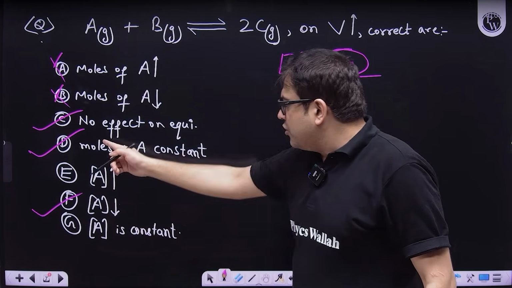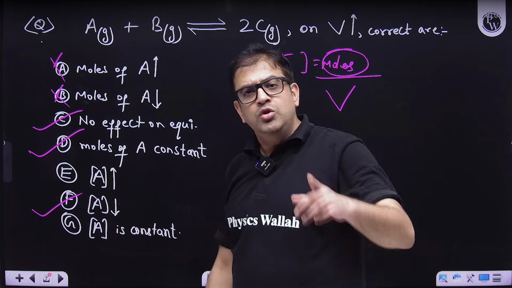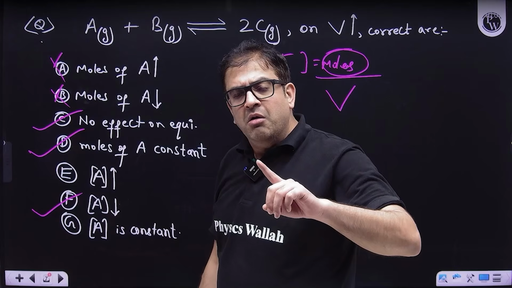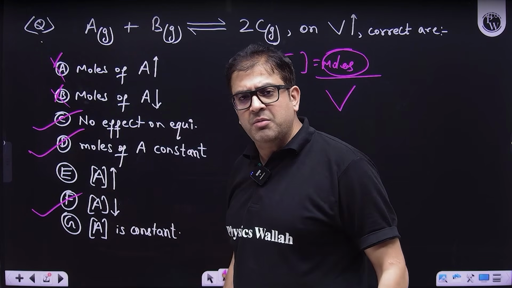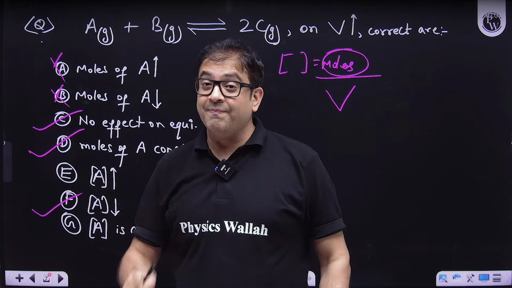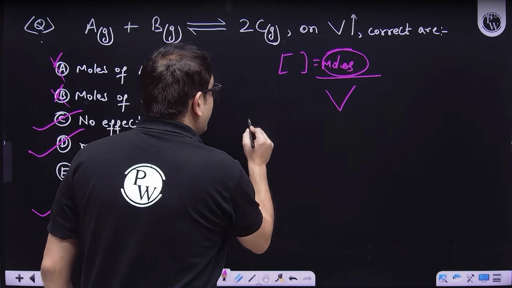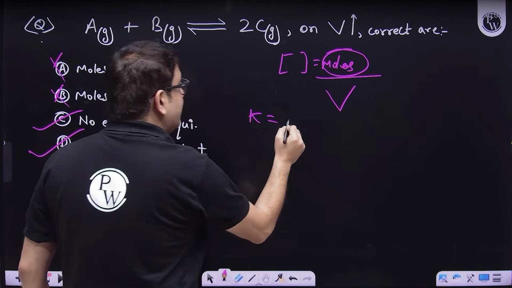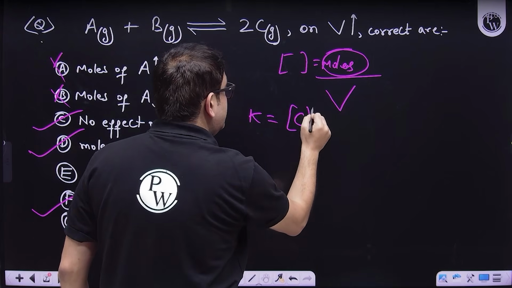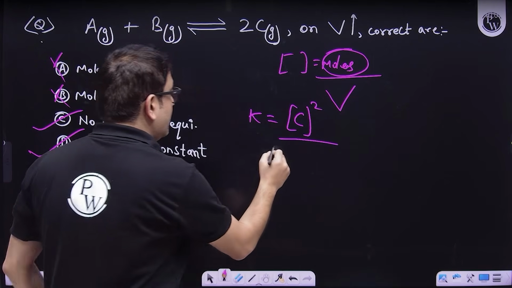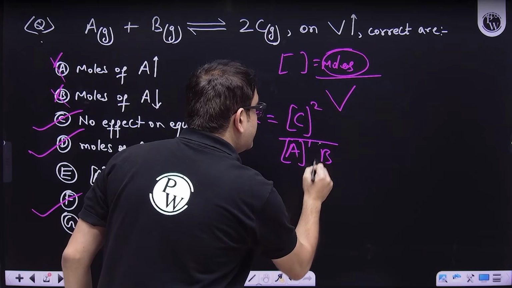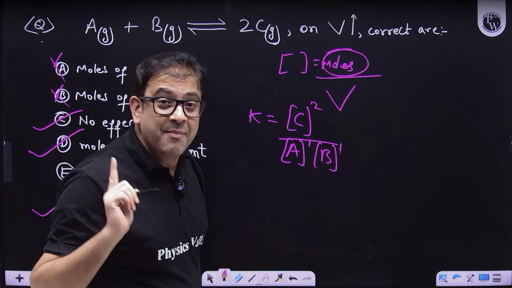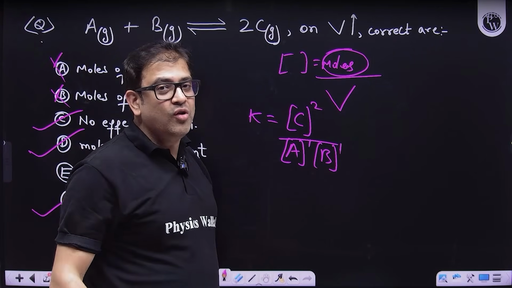Sir, if concentration is getting decreased, you said at equilibrium, from outside it has to be stationary, but this is a measurable property and it is changing. How? What is K for this reaction? K will be concentration of C squared upon concentration of A raised to the power 1 into concentration of B raised to the power 1. Am I saying K is dependent on these concentrations?